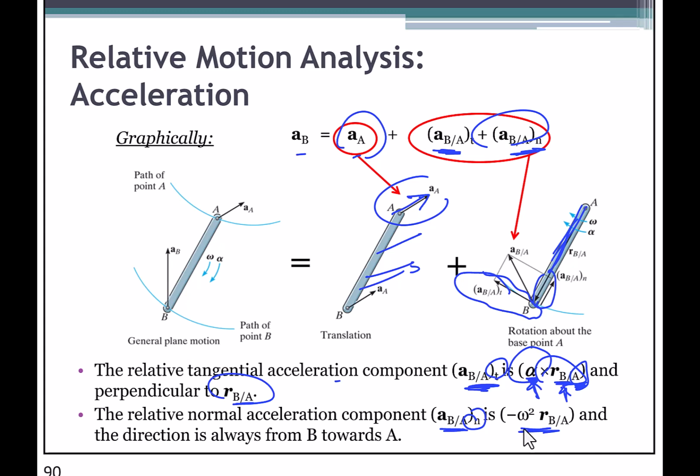So the relative normal acceleration component is just what we have for the particles. If you remember, this is the velocity squared divided by the radius of curvature. This takes the place of the radius of curvature but in vector form, and it's not velocity squared, it's angular velocity squared.